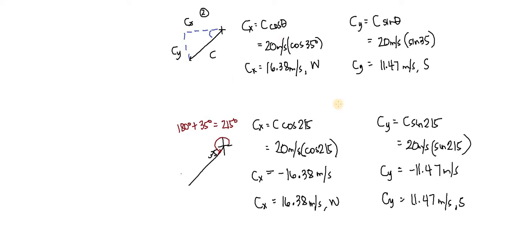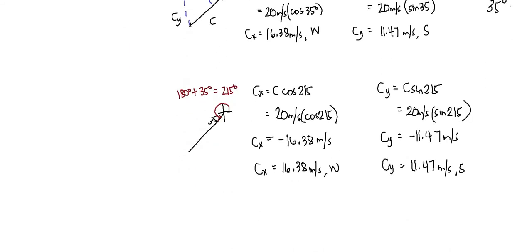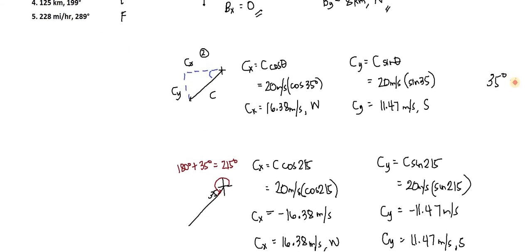So, any of these methods, pwede nyo namang gamitin. Okay? Dito lang, ginamit natin yung acute angle, 35 degrees, yung original given. So, that is 35 degrees south of west.